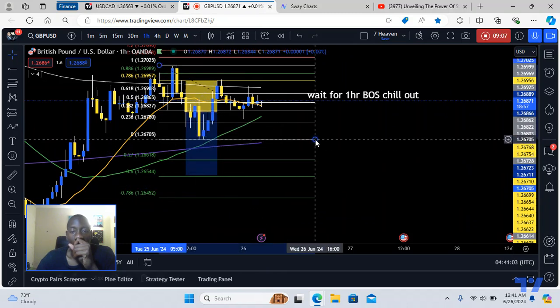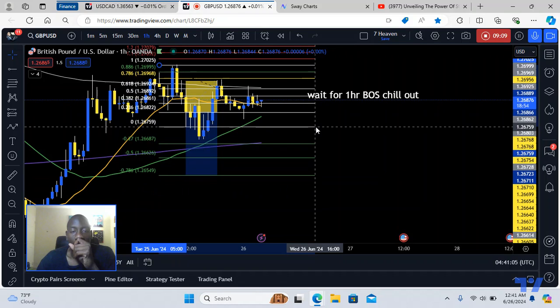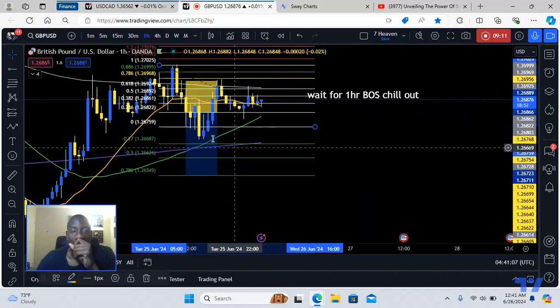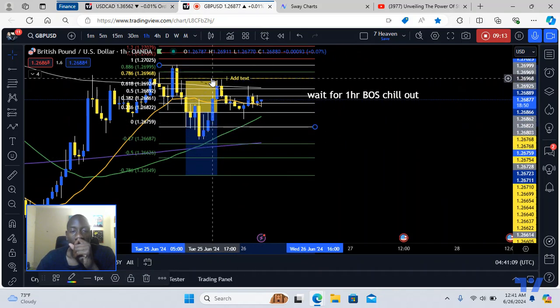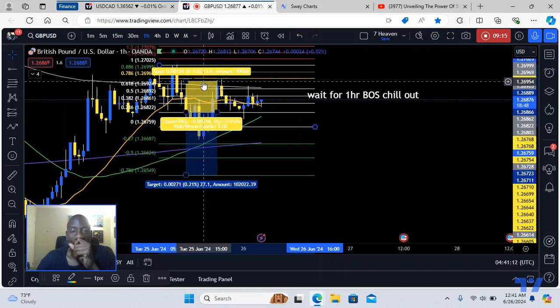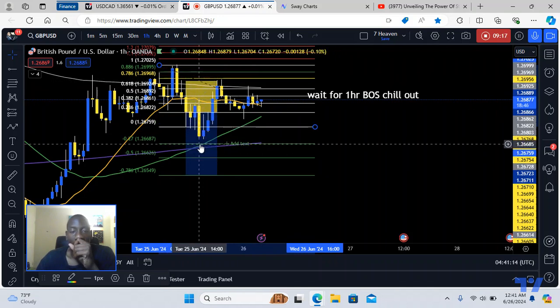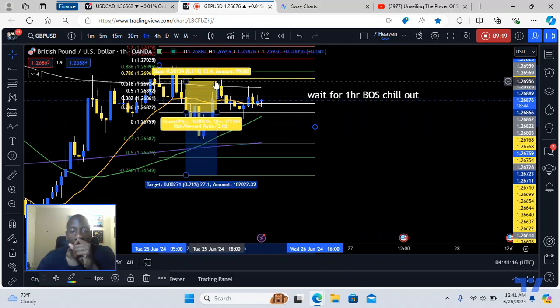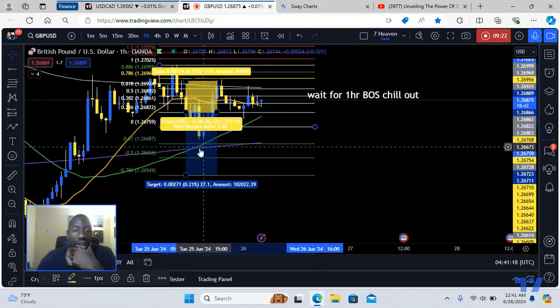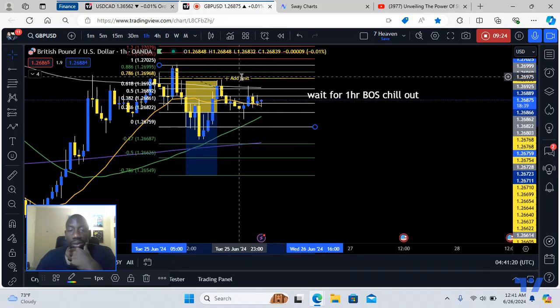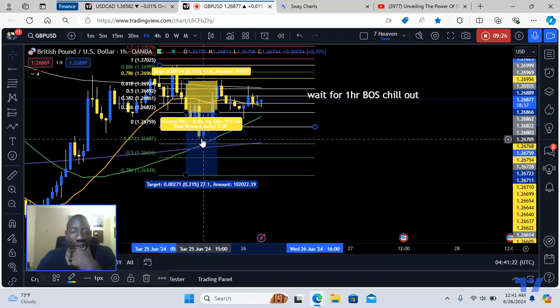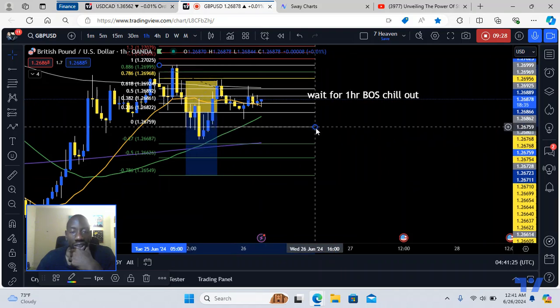This is exactly what I mean by we wait for this thing. If this thing didn't touch the entry right there and gets stopped out, this area gets deleted. And then once it's deleted, we obviously did a continuation here.